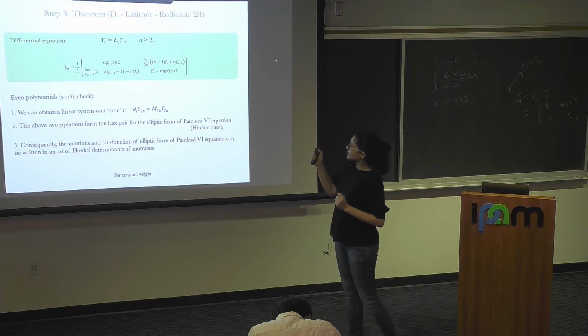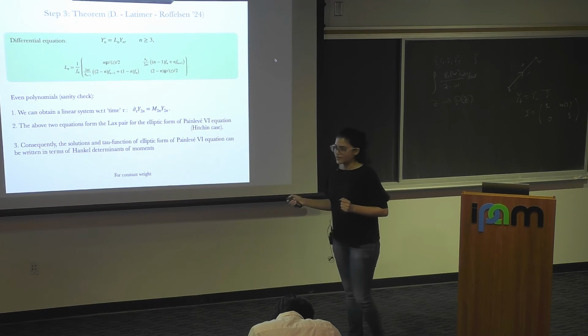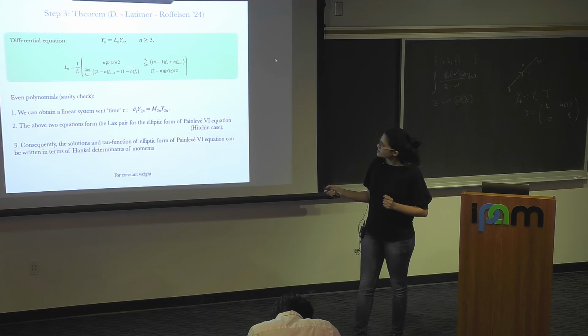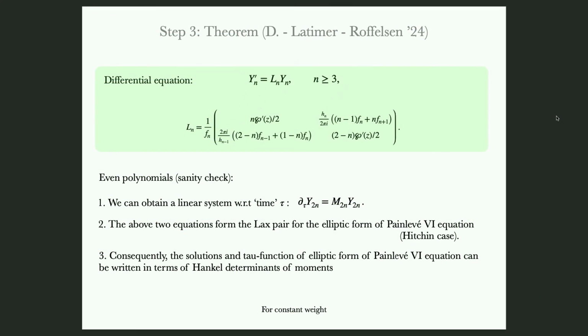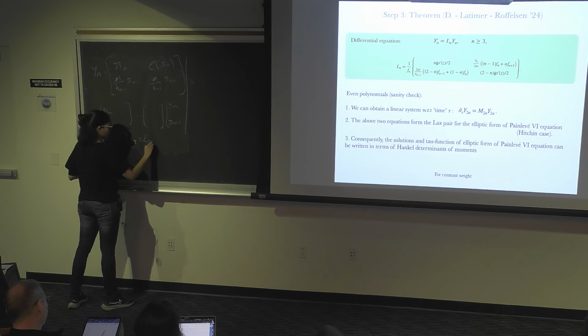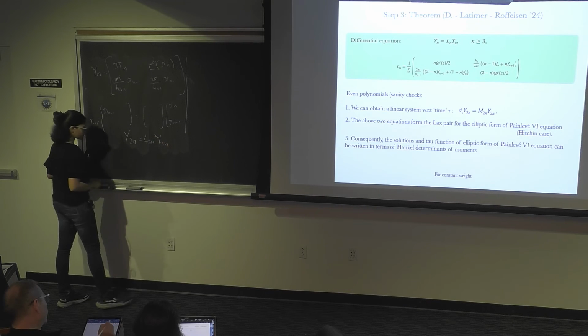Sorry. The sanity check for this case is actually very interesting. Let us restrict this to just the even case. So you have y to n is L to n, y to n.